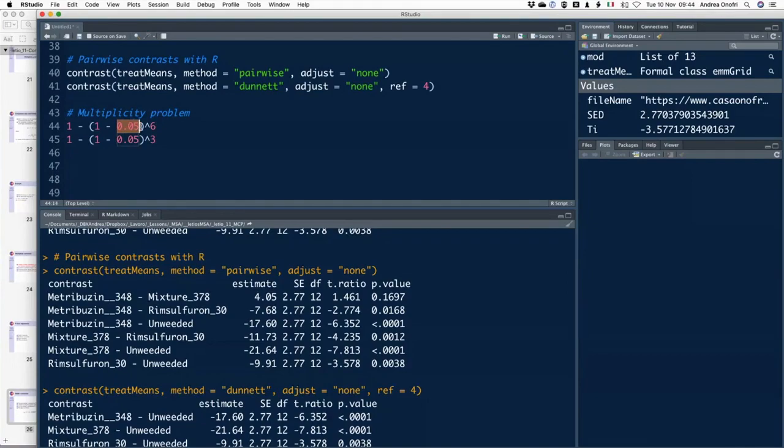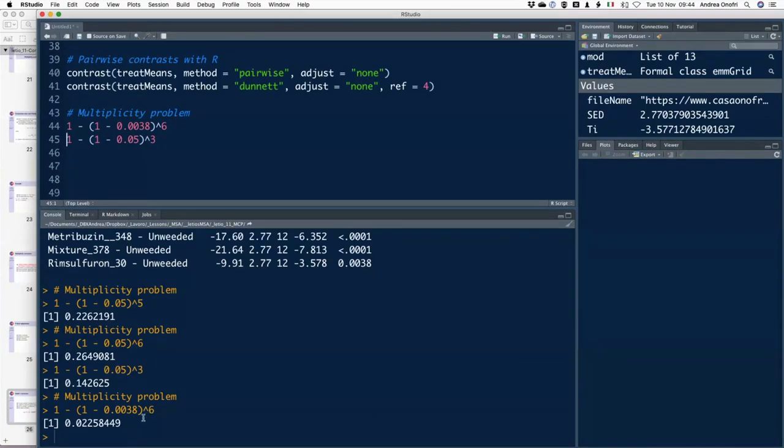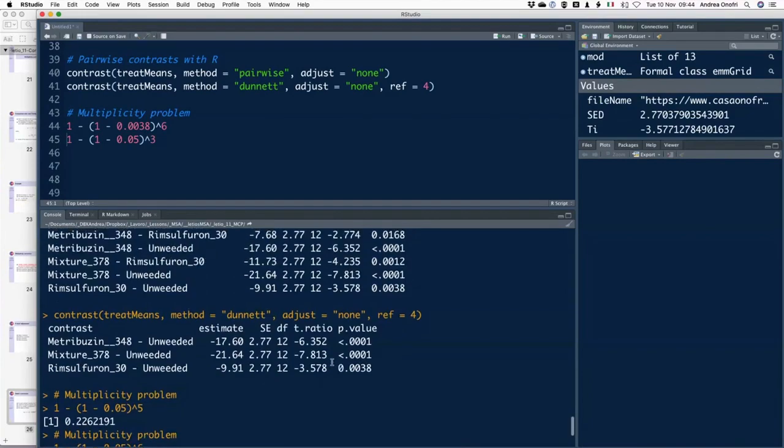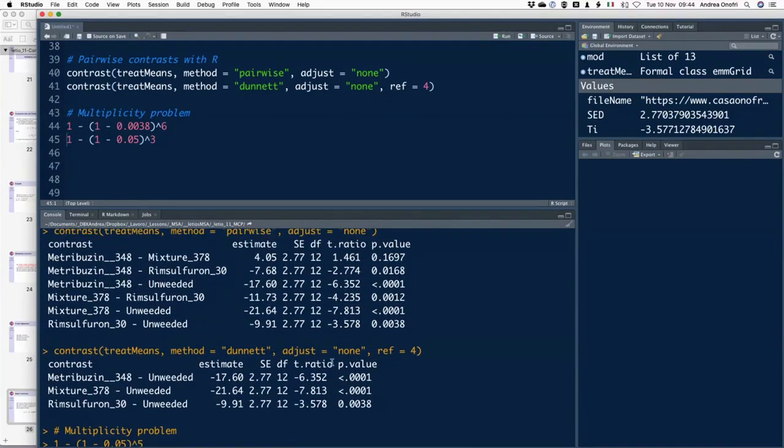I simply write here 0.0038. That's the uncorrected p-value, and correct it like this. So you see it becomes higher, but it is still significant. And of course, with the other contrast, the correction is different. 0.0038.